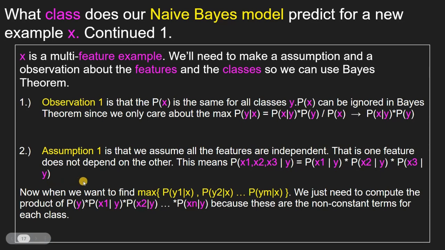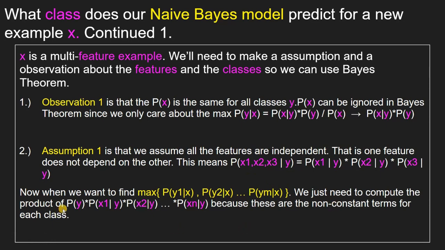Now, given this observation and this assumption, we want to find the maximum probability out of all the classes, class y1, class y2, and class ym. We want to find the class with the highest probability.